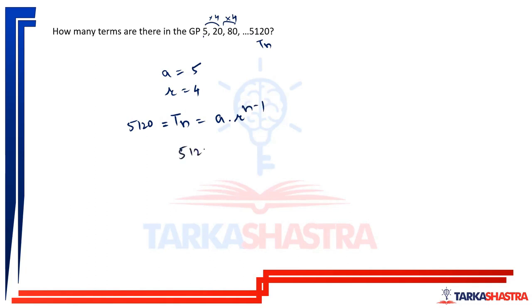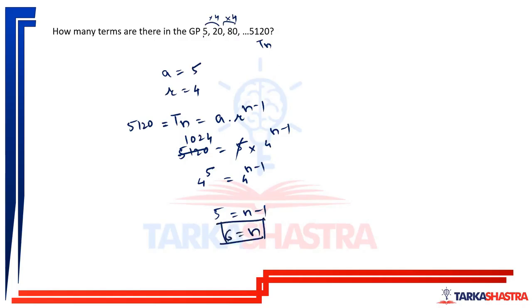Now 5120, A is 5, R raised to n minus 1 is 4 to the power n minus 1. This is 5 ones are 5, this is 1024. Now 1024 is 4 to the power 5 and this is 4 to the power n minus 1. So obviously if the bases are equal, the powers should be equal. 5 is equal to n minus 1. So the number of terms will be 6 in this geometric progression.